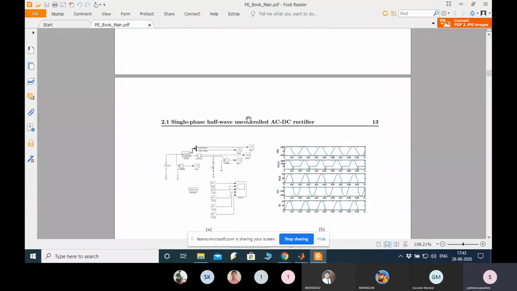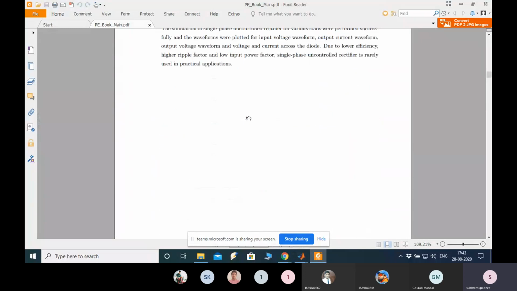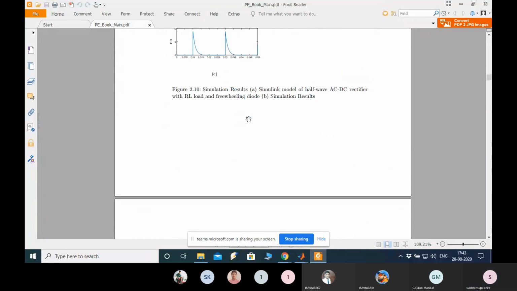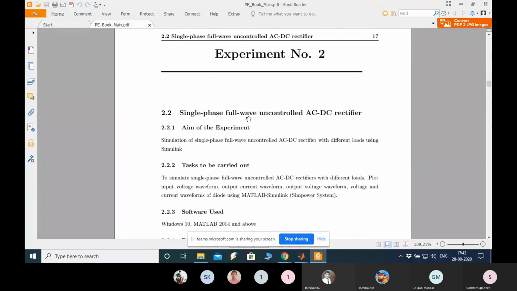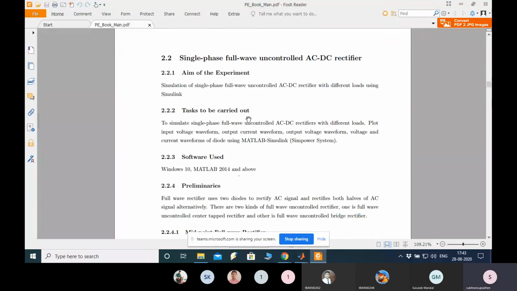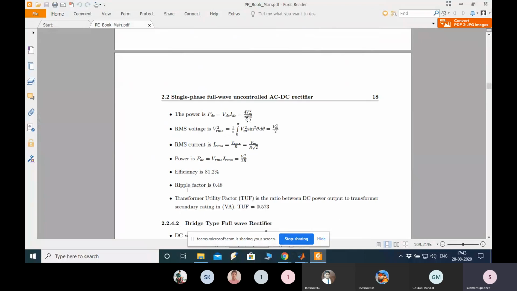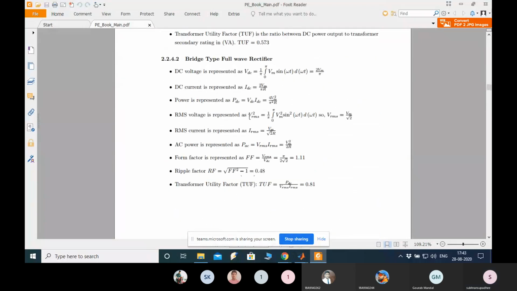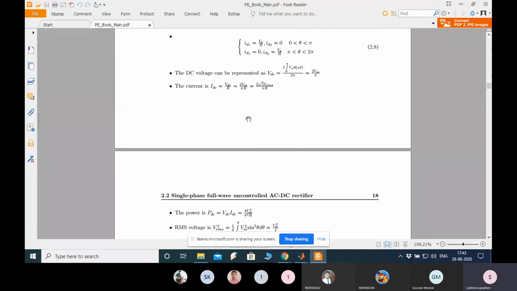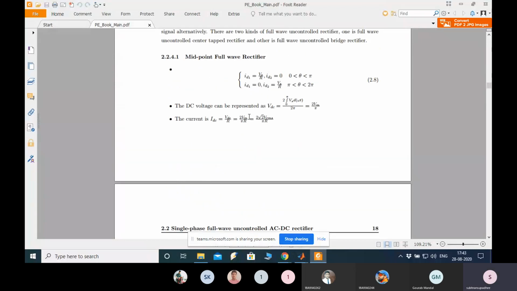All this diagram I have provided. Similarly, you can go for a full wave rectifier. See the calculation for the full wave rectifier. In a full wave rectifier, you have multiple number of diodes and a transformer.